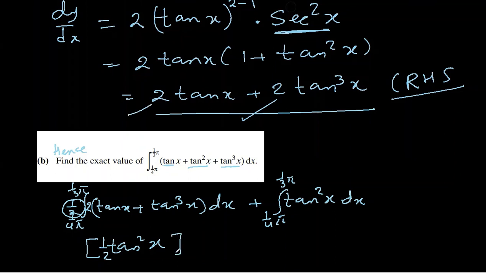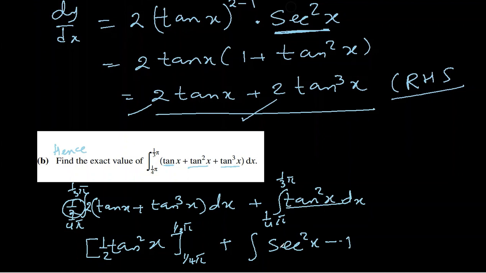Now, the problem is with the second part. So that is not also difficult. Tan square x. I can write that one as secant square x minus 1. That's the identity.